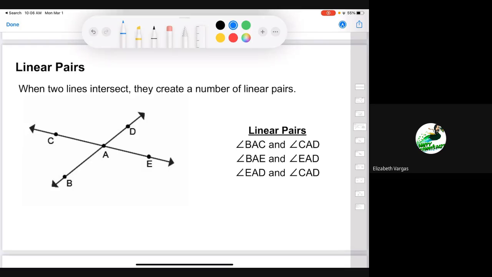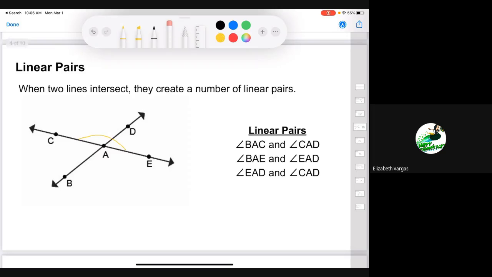We have BAC and CAD. So those would be my linear pairs. We have BAE and EAC. So those would be my linear pairs. And I have EAD and CAD right there.